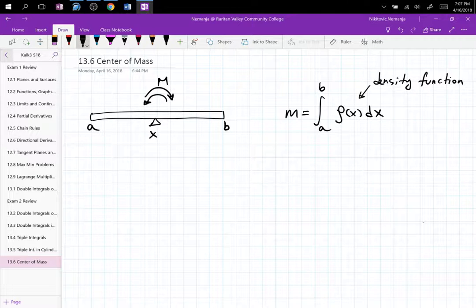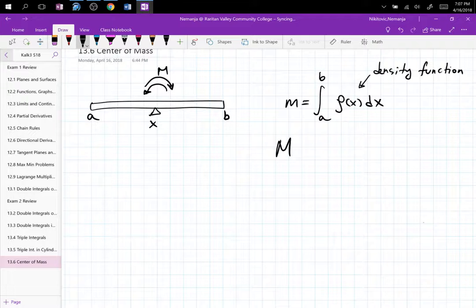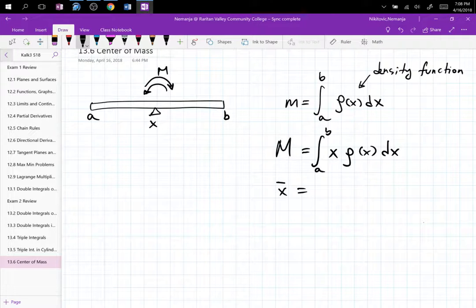It's going to be called capital M. We calculate this capital M by taking the location x multiplied with the density function, dx from A to B, and that calculates the moment. Now x bar is the moment divided by mass, and that's the location to balance it.